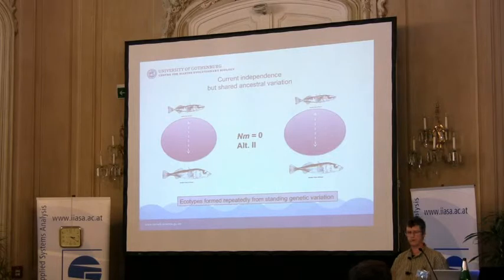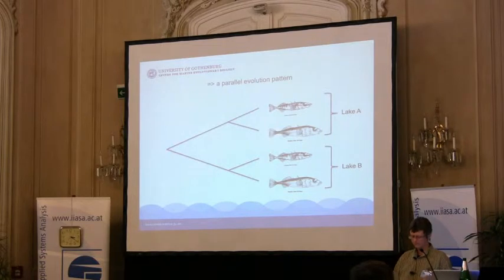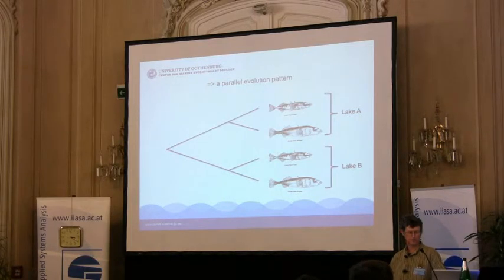We have no convergence, but we have evolution from a pool of shared standing genetic variation. That is a completely different scenario, but still we will end up with the same pattern of genetic structure, because we cannot distinguish this pattern from a classical phylogeny based on parallel evolution.